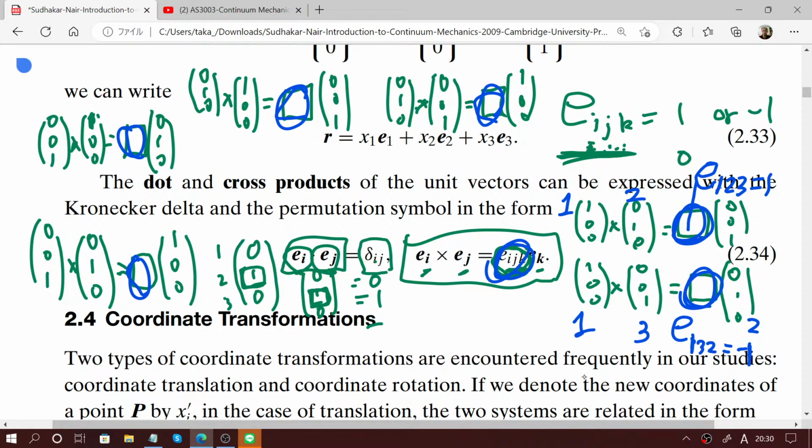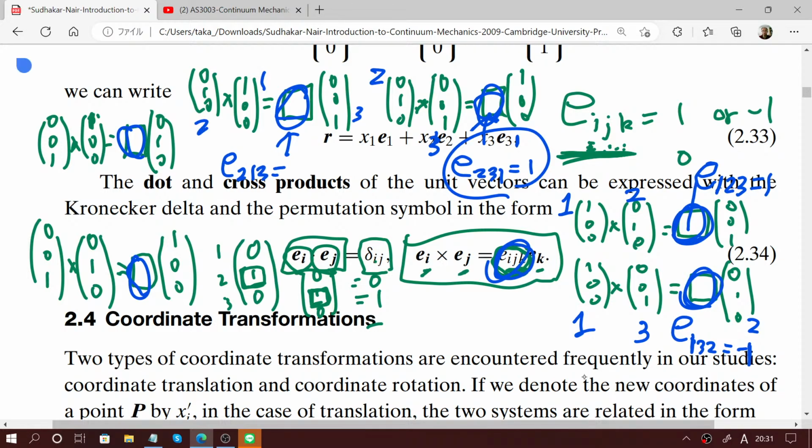So for this one, for example, 2, 3, 1: epsilon 2, 3, 1 is 1, right? 2, 3, 1, you permute twice. So this is 1. Here is 1. For this part you have epsilon 2, 1, 3.